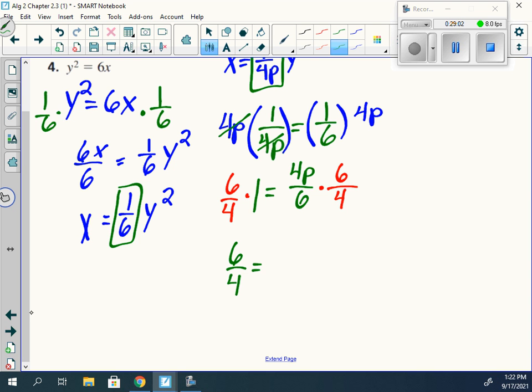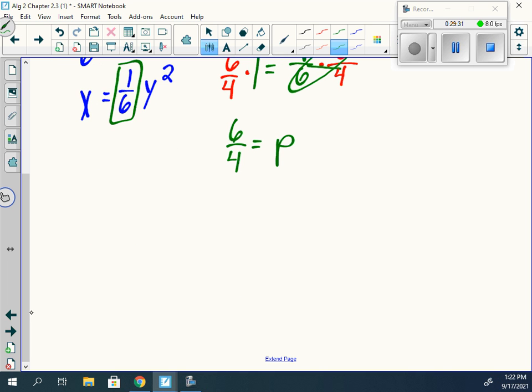So if we multiply these together, the 6 and 6, 6 divided by 6 is 1. 4 divided by 4 is 1, so I'm just left with p. So most of the time, if we just have a number, we can divide. If we have a fraction, dividing by that fraction is the same as multiplying by its reciprocal, by just flipping it. What is 6 divided by 4 reduced to?